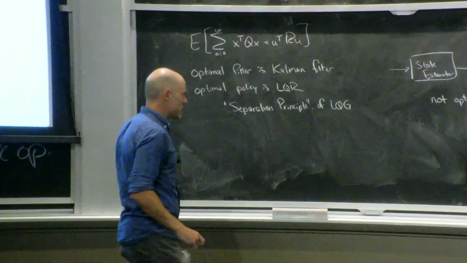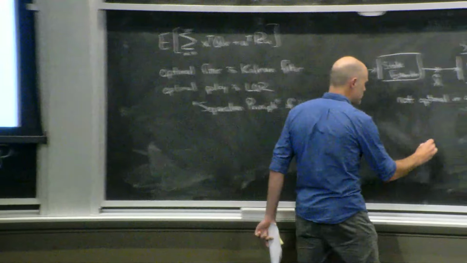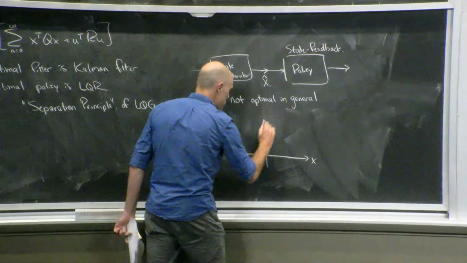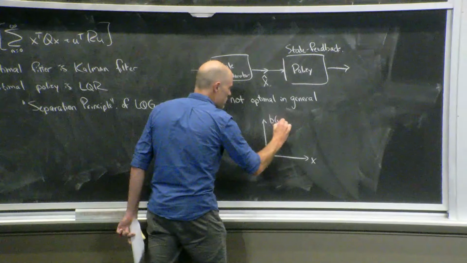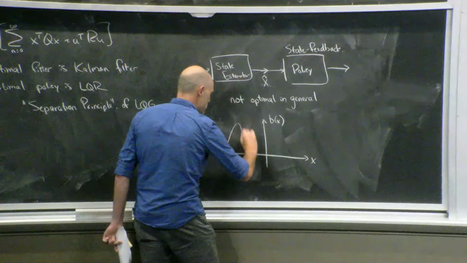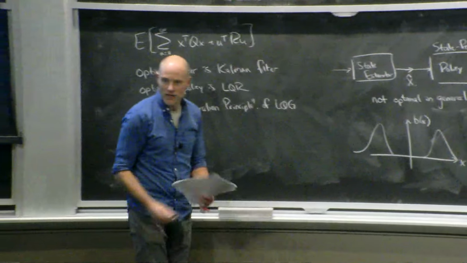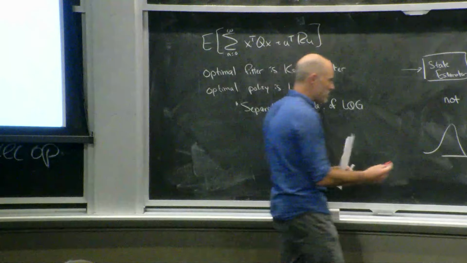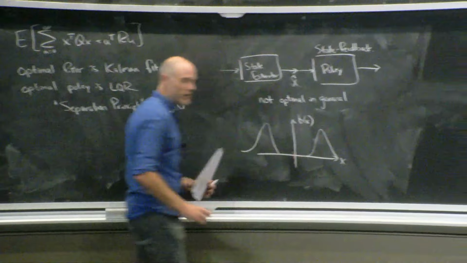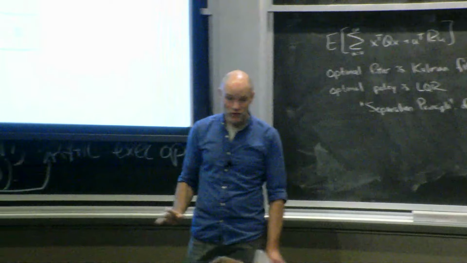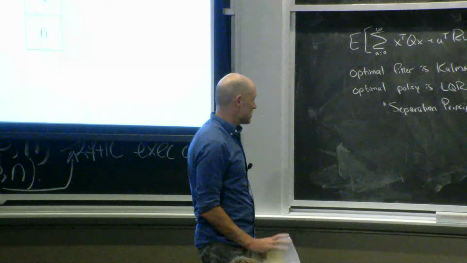You can imagine if my state distribution ends up being multimodal, then making decisions based on the mean is probably a really bad idea, right? It's true for LQR or LQG. It's not true in general.